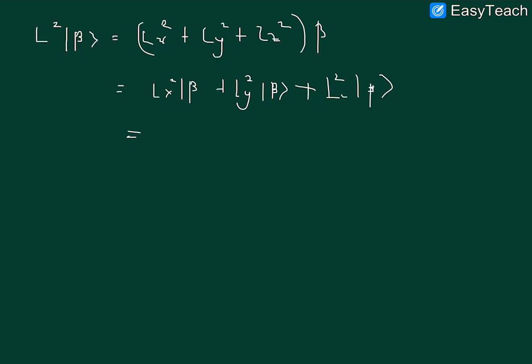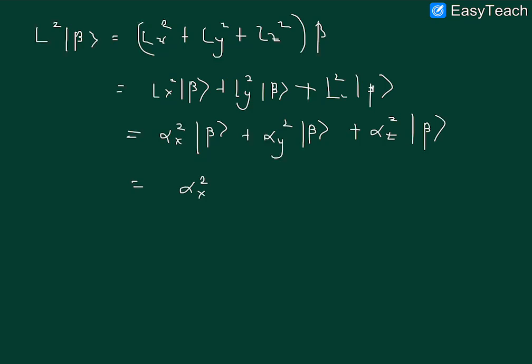Alright, now this would be alpha x square. Let's say these are the eigenvalues of beta of Lx and alpha y square beta plus alpha z square beta.